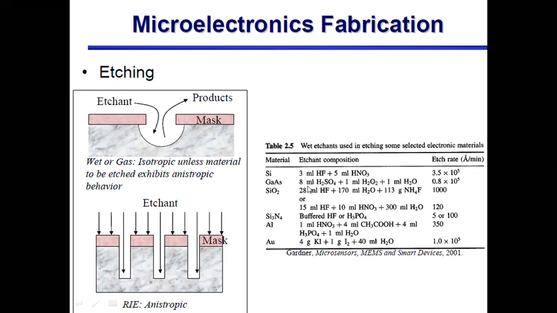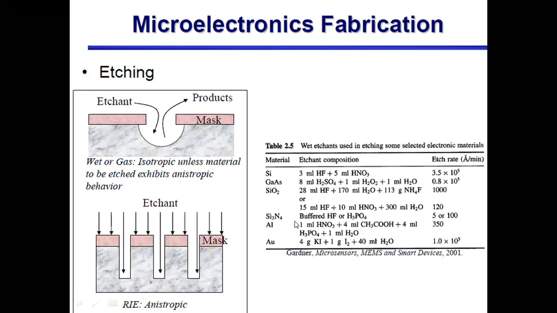Gallium arsenide: 8 ml sulfuric acid, 1 ml hydrogen peroxide, and 1 ml water, and it would etch gallium arsenide at a rate of 0.8 into 10⁵ angstrom per minute. Silicon dioxide: 28 ml HF, 170 ml H2O, and 113 grams ammonium chloride, and the etch rate would be 1000 angstrom per minute.